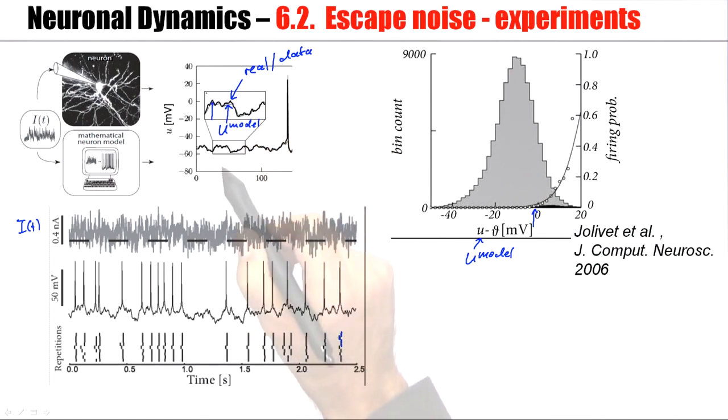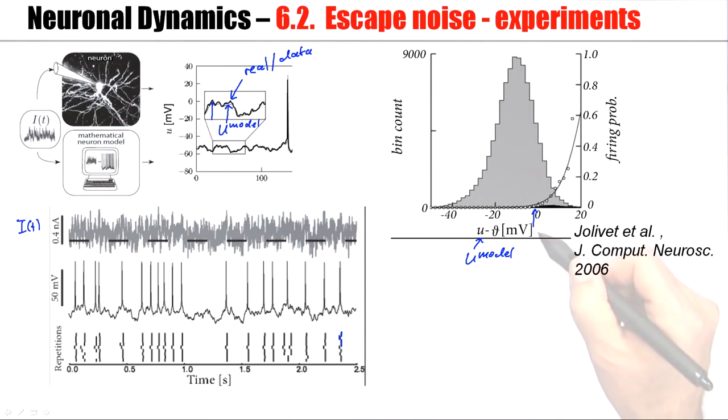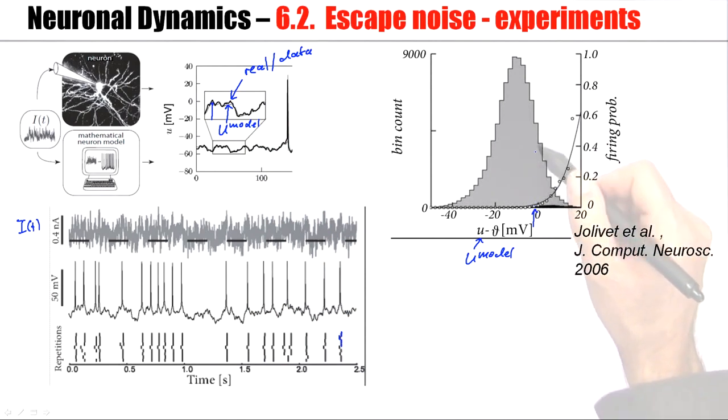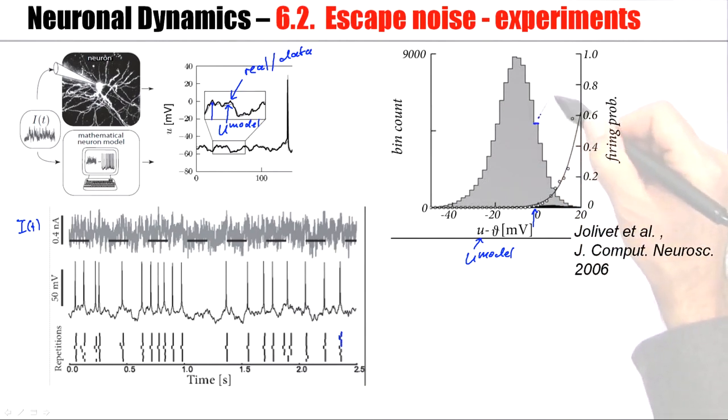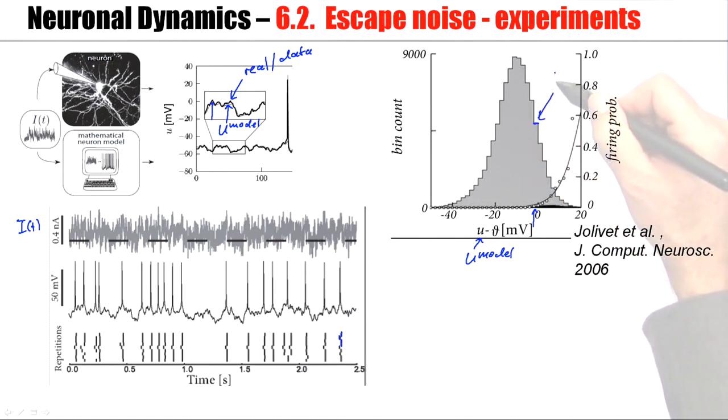Now I look at all the cases where I have the same value of u model, and I count the number of bins where the neuron does not fire. So this is the number of counts where it's not firing.